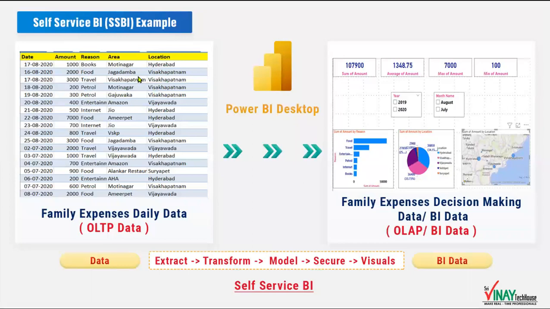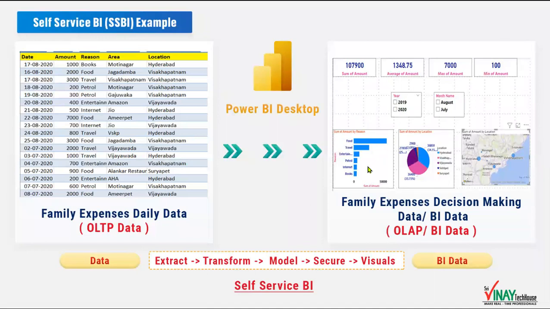I want to analyze how much money I spent in total for the two months, or two years, or one year. What is the average spending, and the minimum and maximum spending? If I select the 19 year, data required; 20 year, data required. August month data required, July month data required. And I want to see my top spending, food, petrol at the top, and these at the bottom.